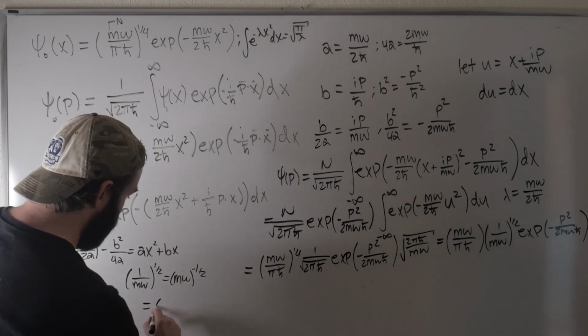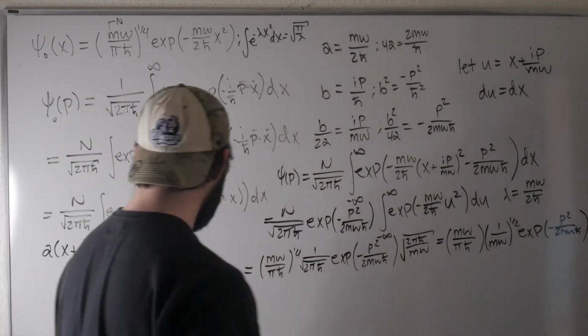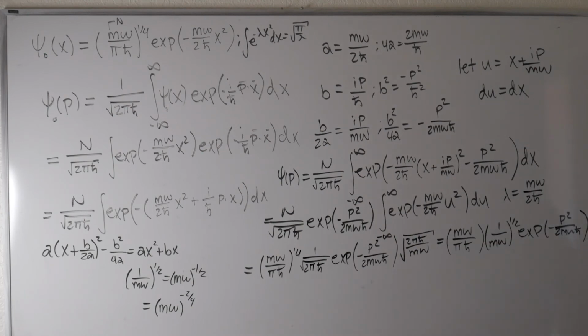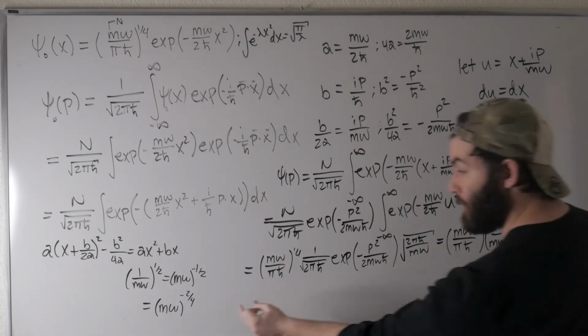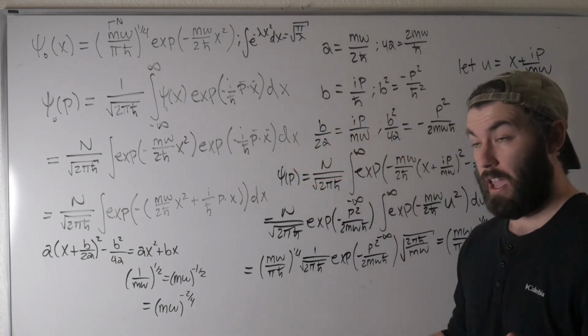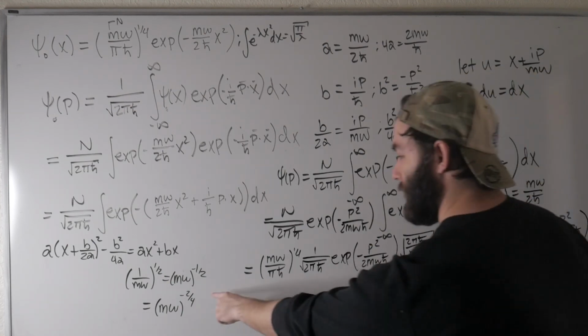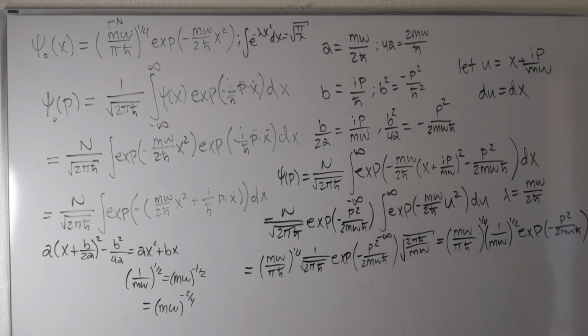And that's equal to m omega to the minus 2/4, right? So what we can do with that, this is to the 1/4. We can multiply this m omega to the 1/4 times this m omega to the minus 2/4, which is going to give us m omega to the minus 1/4, right? 1/4 minus 2/4 is minus 1/4. Okay, so we can just write these together by throwing the m omega in the denominator here.